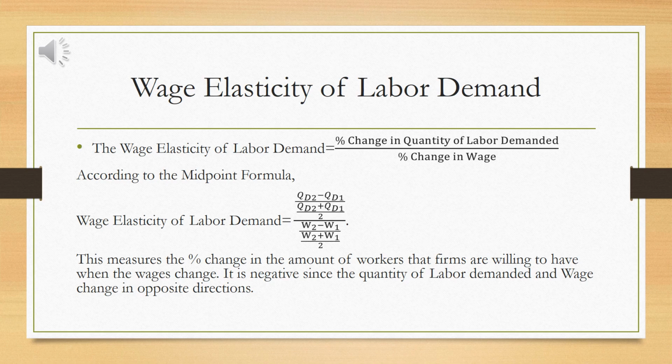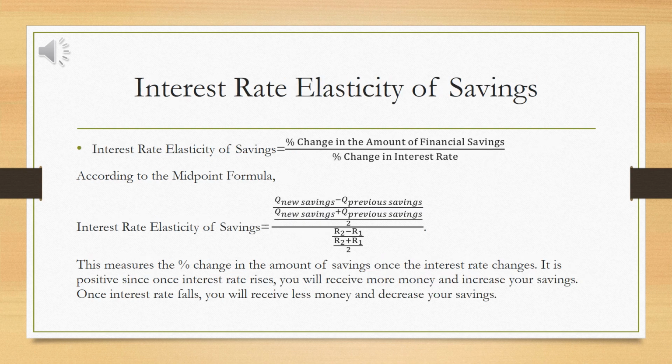This measures the percentage change in the amount of workers that firms are willing to have when the wages change. It is negative since the quantity of labor demanded and wage change in opposite directions.